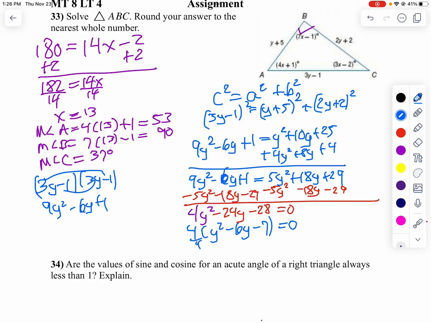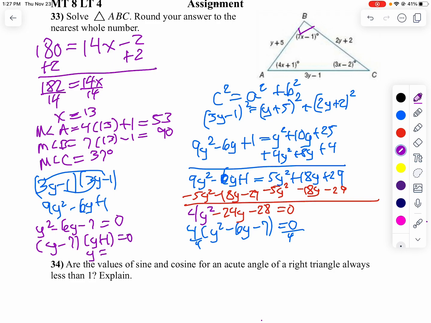I can divide both sides by 4. Run out of room here because I spent some extra real estate on multiplying that. So I get y squared minus 6y minus 7 equals 0. So that's y minus 7 and y plus 1 equals 0.